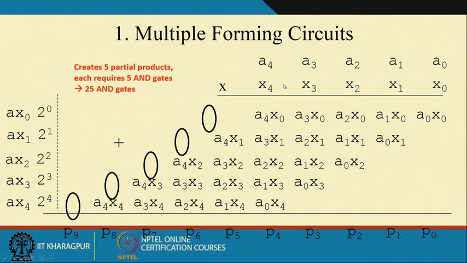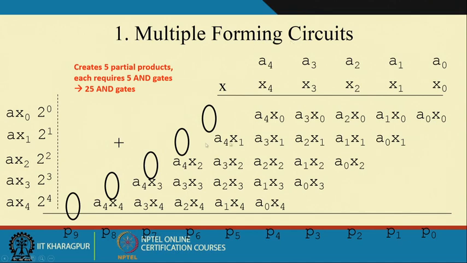If I have to multiply 5 bits, I have to generate 5 partial product sets, each set containing 5 numbers. Each of these multiples requires an AND gate, so in total I require 25 AND gates in the multiple forming circuit.